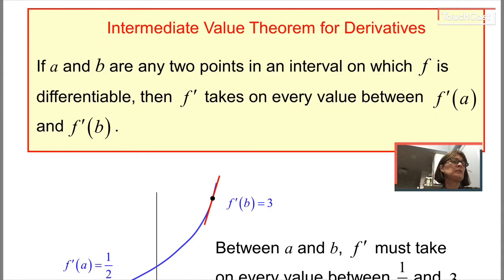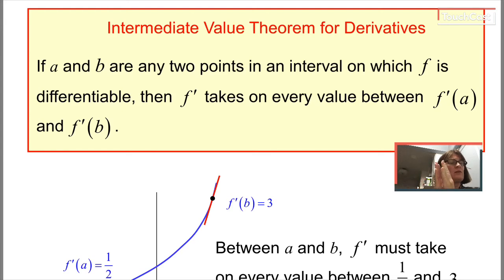And the second theorem is called the intermediate value theorem for derivatives. You can read here, this is the part that goes in your notes. If a and b are any two points on an interval on which f is differentiable, which means f must be smooth and continuous, then f prime is going to take on every value between f prime of a and f prime of b. So what does that mean?